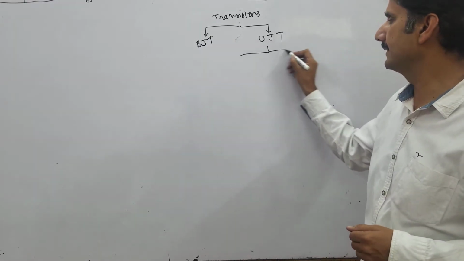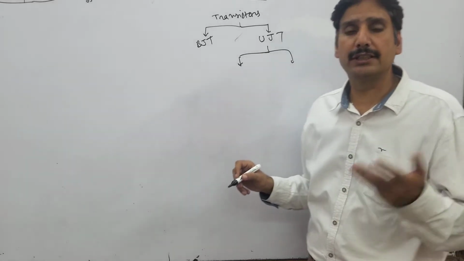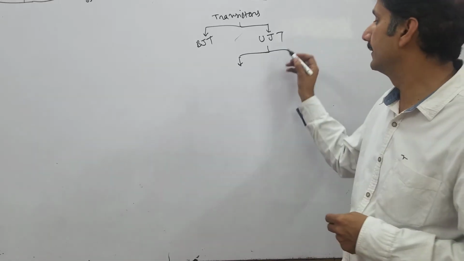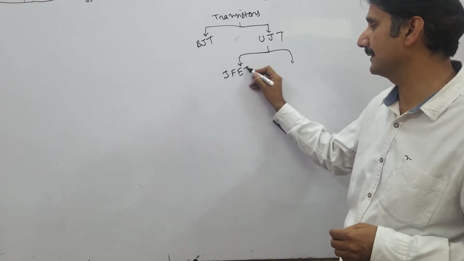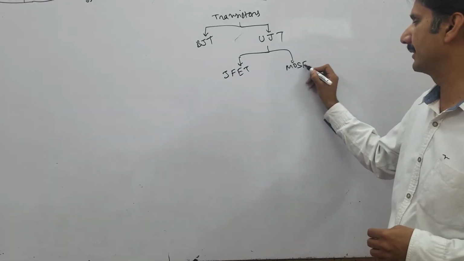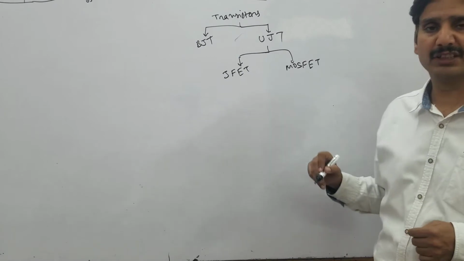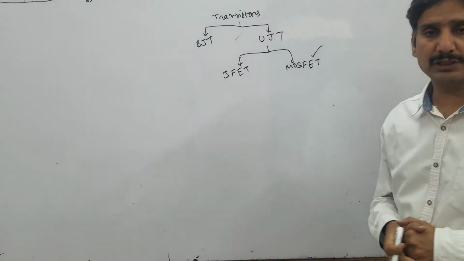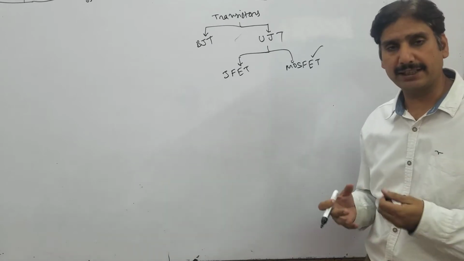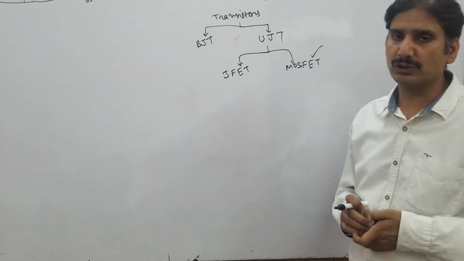In UJTs, I told you about two types of transistors, that is the junction field effect transistors and metal oxide semiconductor field effect transistors. Today, primarily, I'll discuss MOSFETs, their types, their characteristics, and their modes of operation.